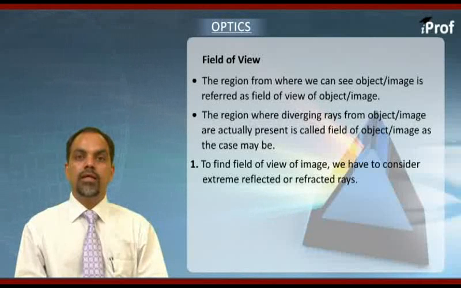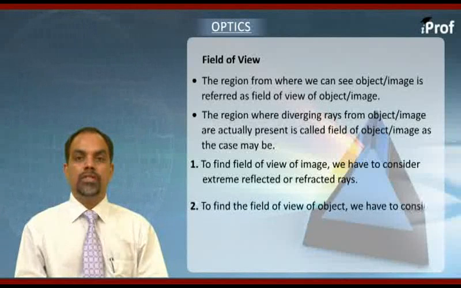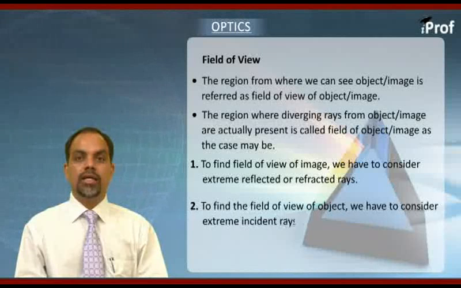And the second point: to find the field of view of object, we have to consider extreme incident rays. We know that incident rays decide the object. So to locate the field of view of object, we have to consider extreme incident rays.